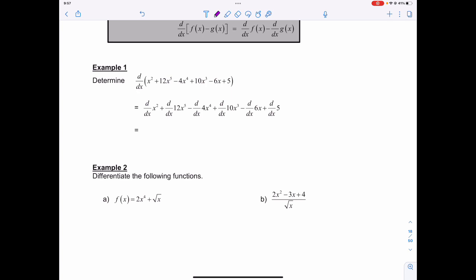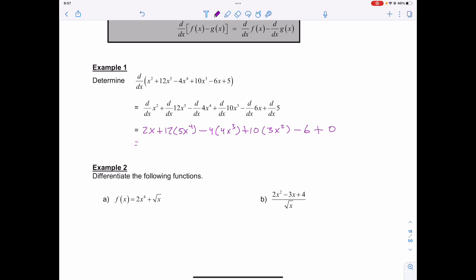So the derivative of x to the 2 is just 2, x to the power of 1, or just 2x, plus 12 times the derivative of x to the 5, which is going to be 5x to the 4, minus 4 times 4x to the 3, plus 10 times 3x to the 2, minus 6, and then remember the derivative of a constant is just going to be 0.